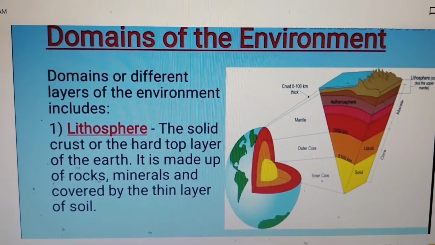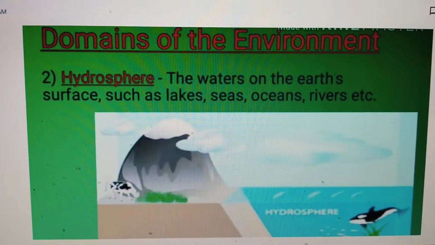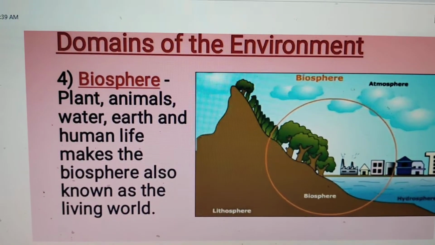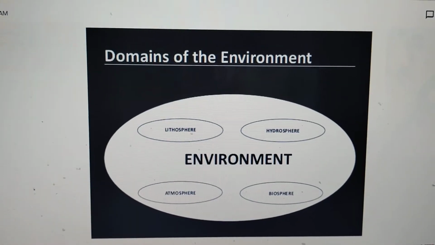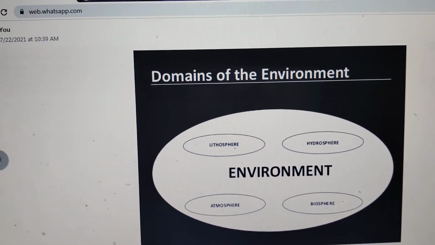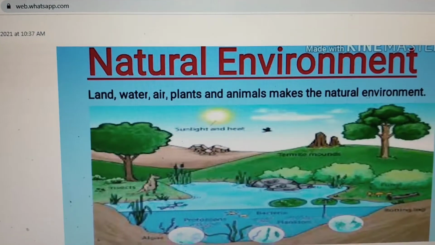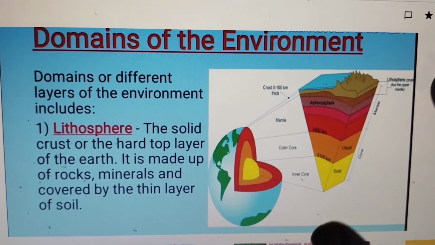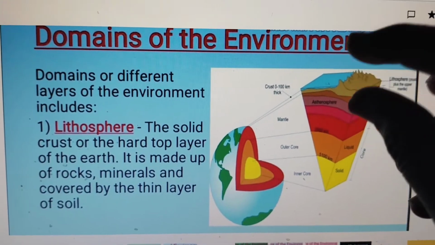What are they? Lithosphere, hydrosphere, atmosphere, and biosphere. So these are the 4 domains of the environment we learnt about, isn't it? So first let us learn about the lithosphere. You all know, the lithosphere is the solid crust or the hard top layer of the earth.